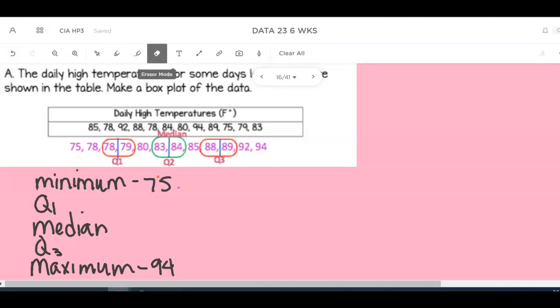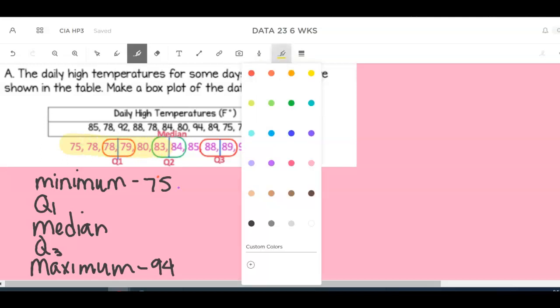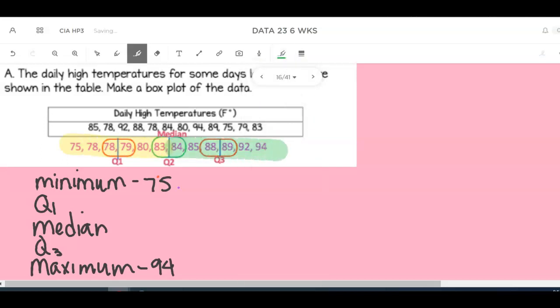Next, to find the median. Let's pretend there weren't already circles up on my graph here. There are 12 numbers in the set. That means I had to draw a line in the middle so that I'd have 6 numbers on the left, and I need 6 numbers on the right. So the median splits my data set in half.